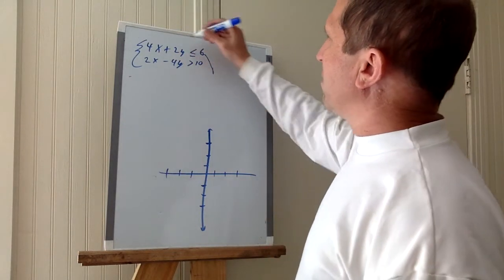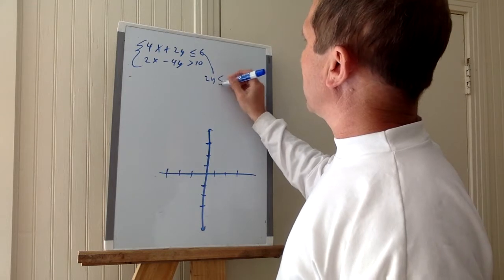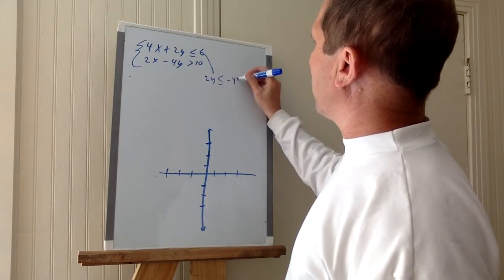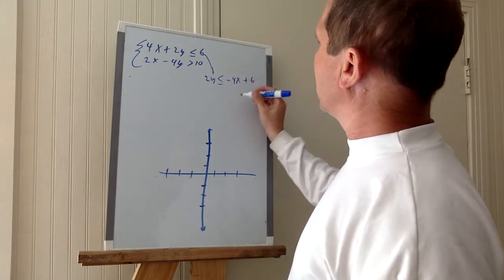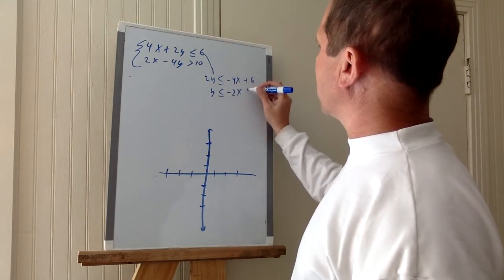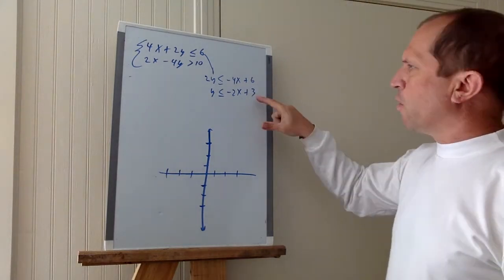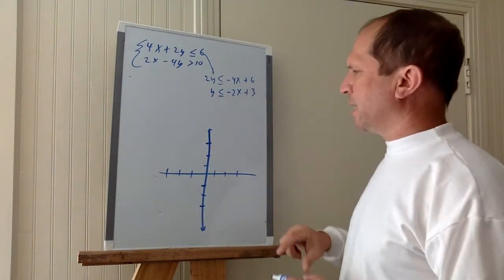So this first one, I'm going to move the 4x over. So I've got 2y is less than or equal to negative 4x plus 6. So y is less than or equal to negative 2x plus 3. Just looking at the graph of that line, the y-intercept is 3, slope is negative 2.